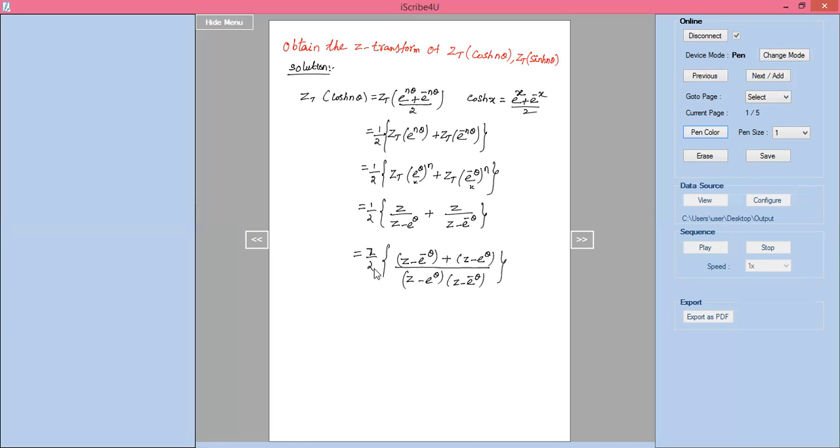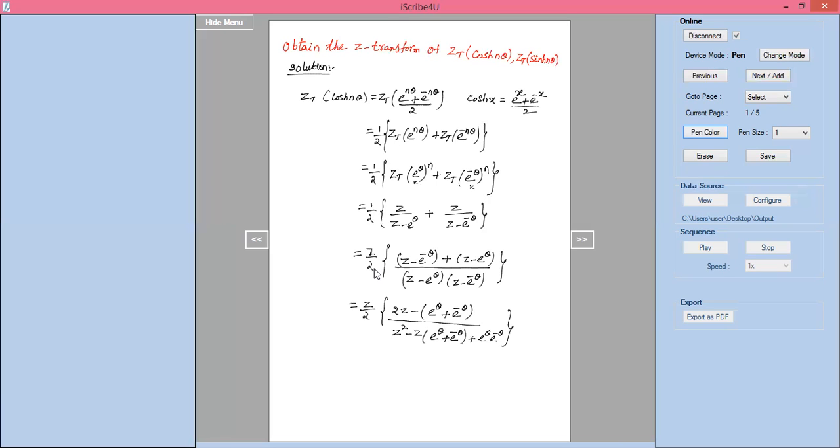We'll simplify that: Z by 2 into, Z plus Z is 2Z minus e power theta plus e power minus theta, divided by Z into Z, which is Z square, minus Z into e power theta plus e power minus theta, plus e power theta into e power minus theta.